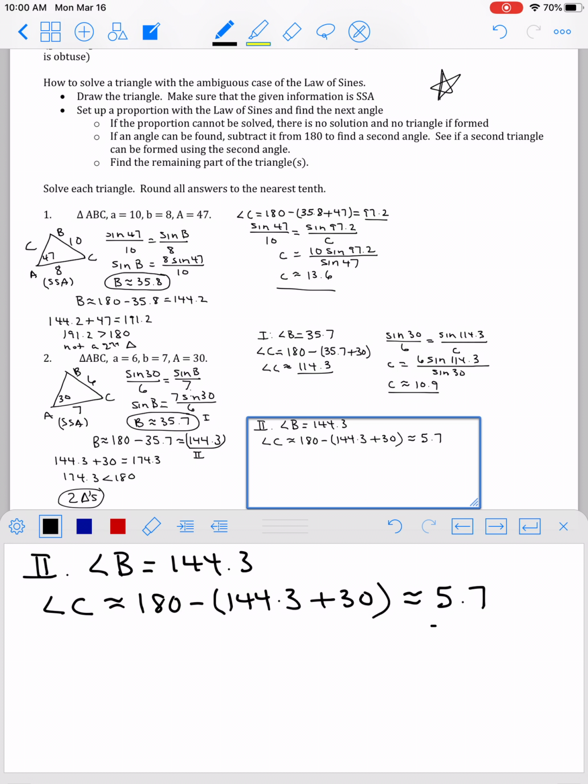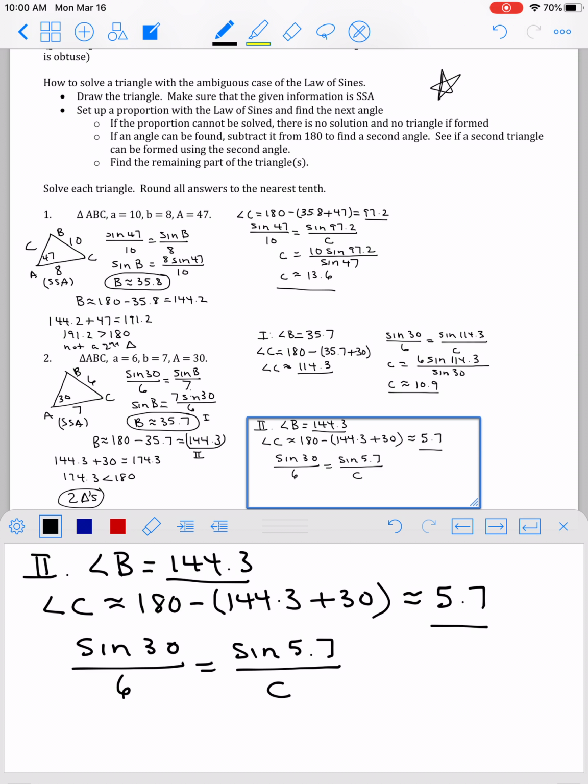So there's my second angle B, my second angle C, and then repeat sine 30 over 6 equals sine 5.7 over c. And using the cross multiply technique from before, that c should be 1.2.